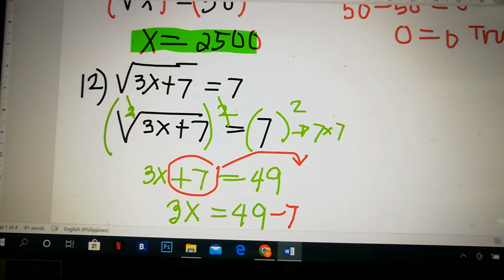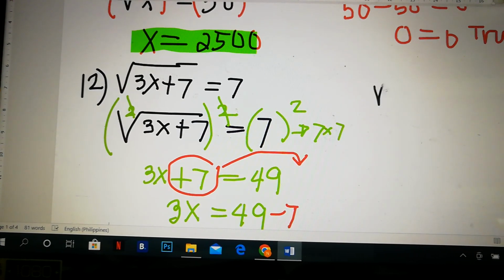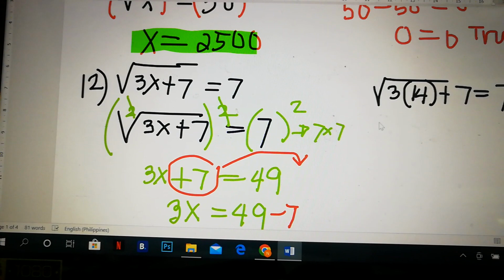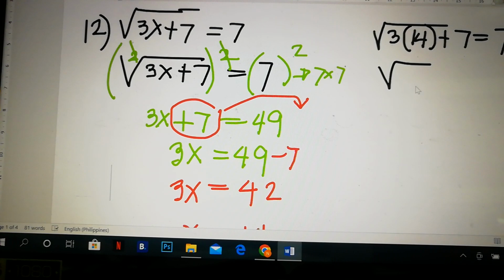But we need to check whether our answer is right or wrong. So replacing x with 14: square root of 3 times 14 plus 7 equal to 7. Square root of 3 times 14, which is 42, plus 7 is equal to 7.